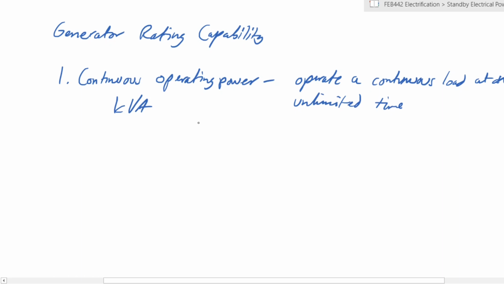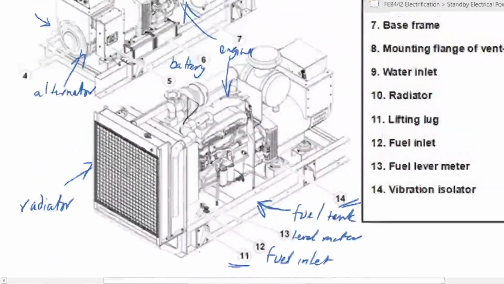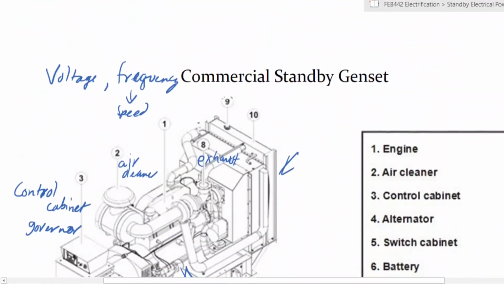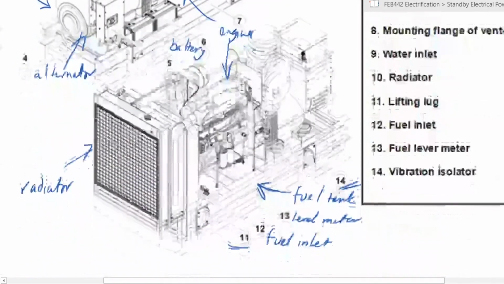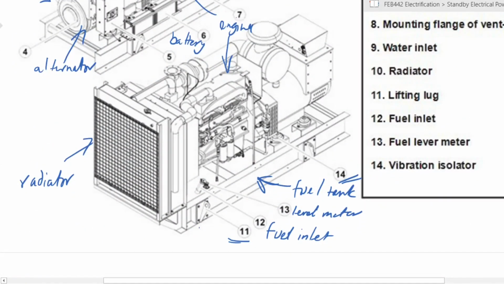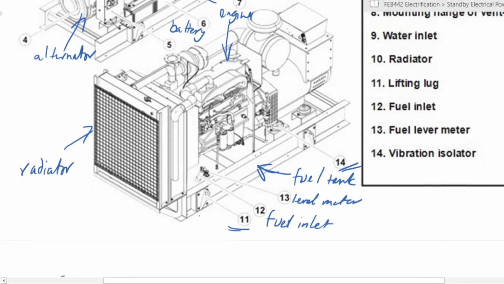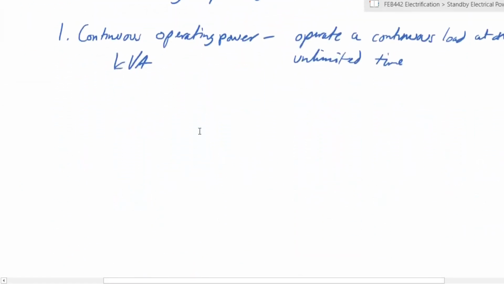Remember that this is limited by the amount of heating that the generator will undergo. In our diagram, we saw that a large proportion of the components of the generator are dedicated towards cooling. You saw the size of the radiator and all the pipes circulating coolant in the system.